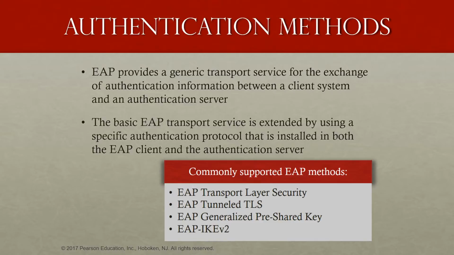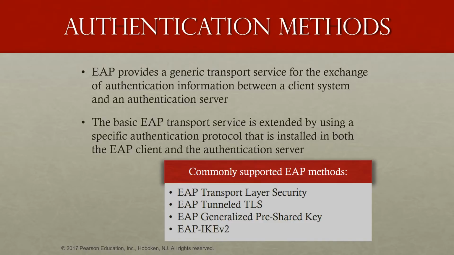EAP-TLS, EAP Transport Layer Security. EAP-TLS, which is RFC 5216, defines how the TLS protocol described in Chapter 6 can be encapsulated in EAP messages. EAP-TLS uses the handshake protocol in TLS, not its encryption method.